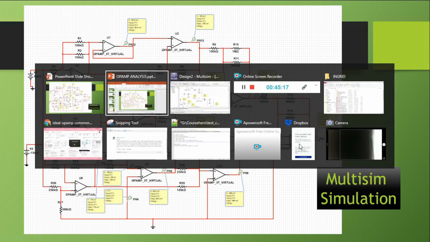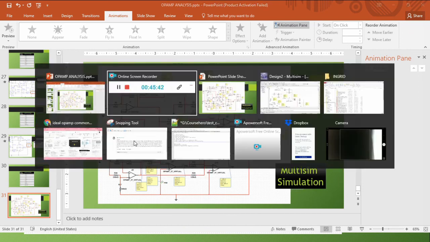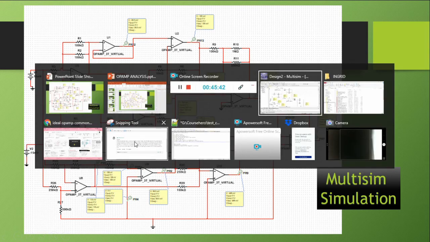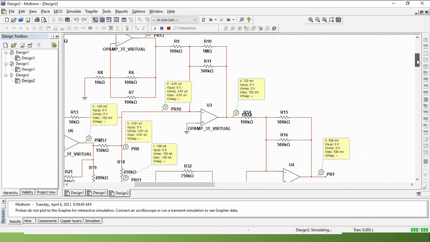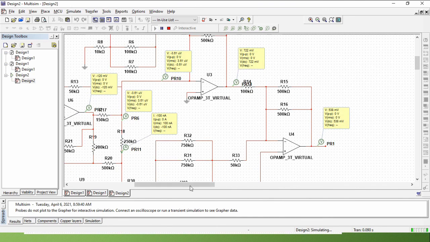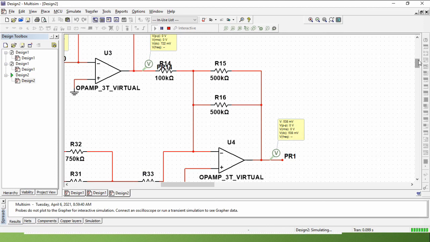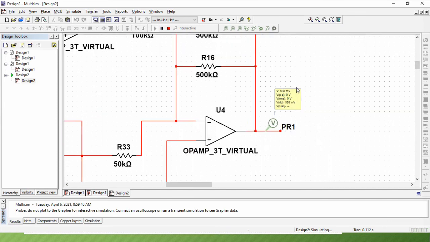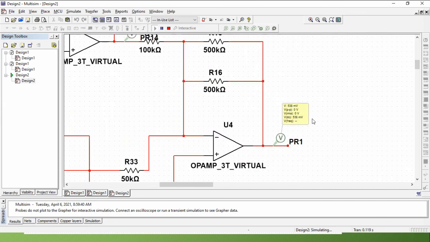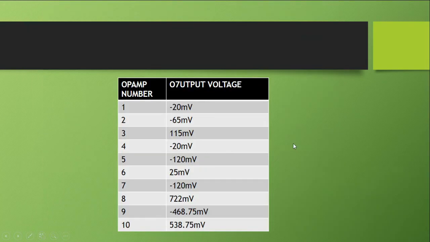I have here my op amp simulation with Multisim. You can see that the output of op amp 10 is 538 millivolts, which confirms our calculated output, which is 538.